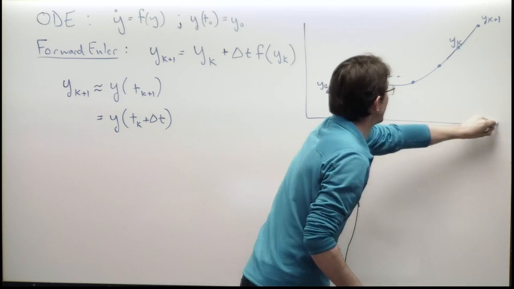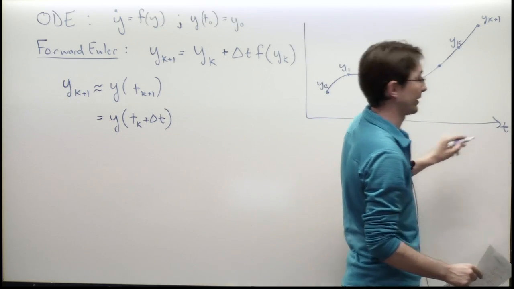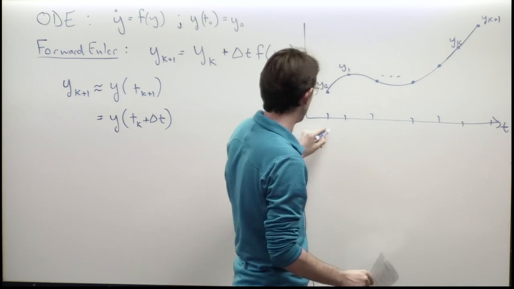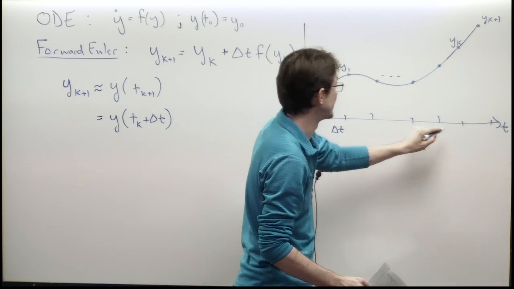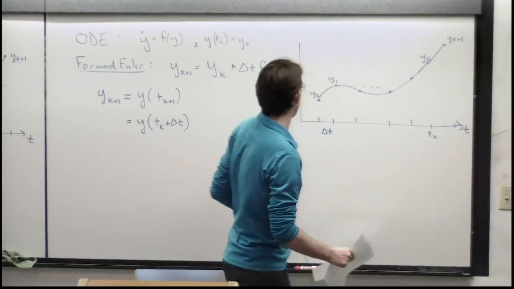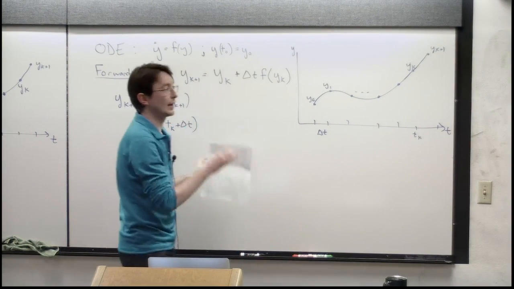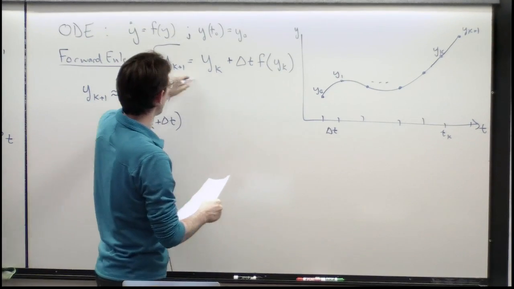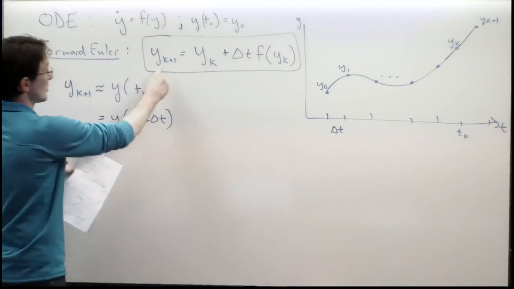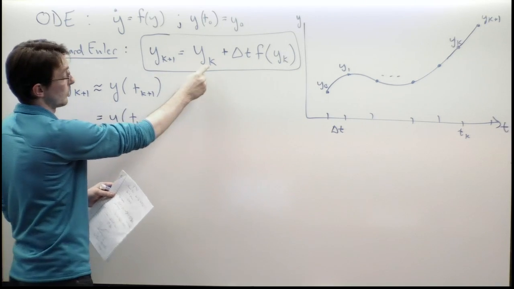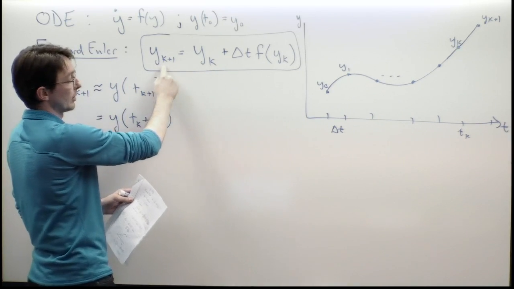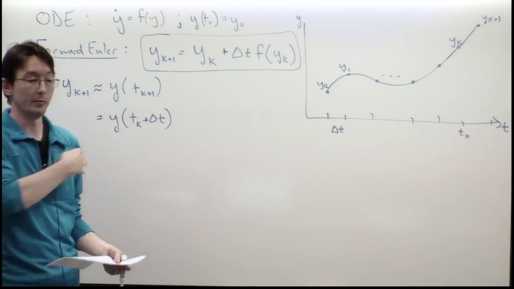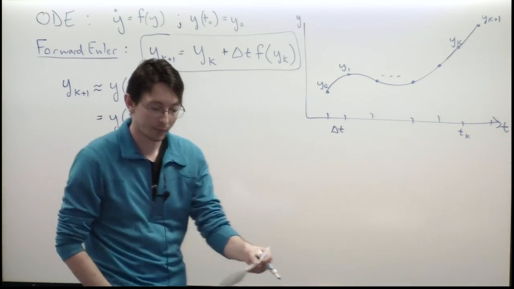So if I put some axes on here, we can say that this is the time axis, and all of these trajectory points are spaced delta t apart, right? This is tk, and this is y. Okay, so that's what these indices really mean, and this is the rule, the forward Euler rule, for constructing a trajectory, right? We start with y0, we get y1. We plug y1 in, we get y2, then we get y3, and so on and so forth until we build up our entire trajectory. Okay?